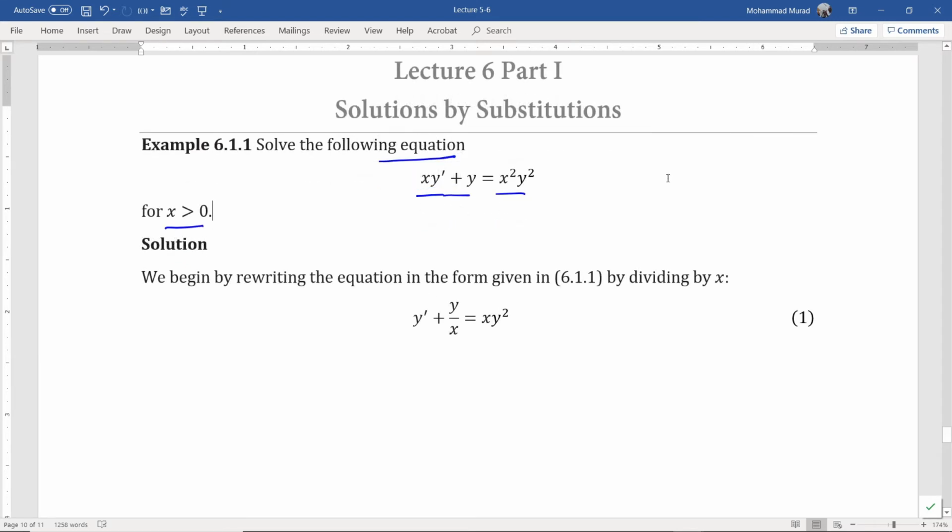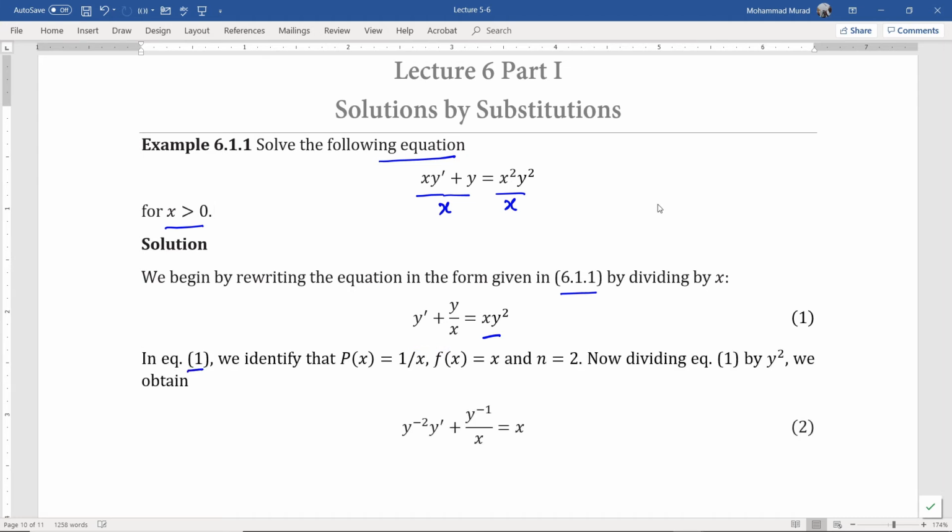We begin by rewriting the equation in the form given in equation 6.1.1 by dividing the equation by x. So we get y prime plus y over x on the left hand side and x times y squared on the right hand side, as shown in equation 1.